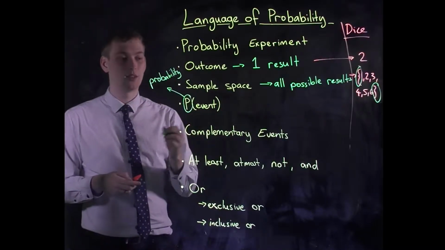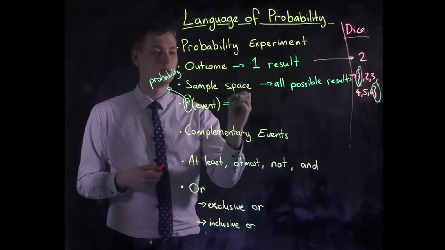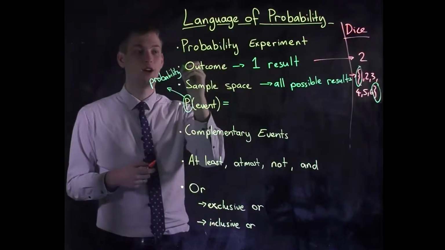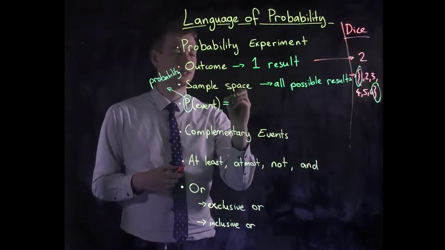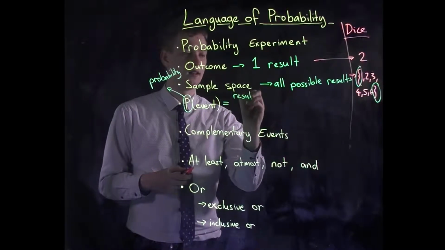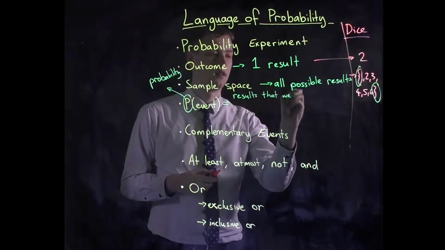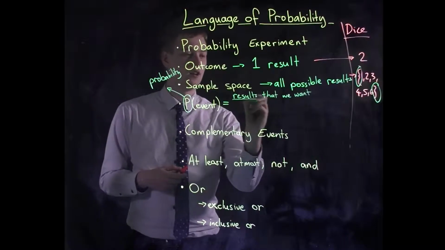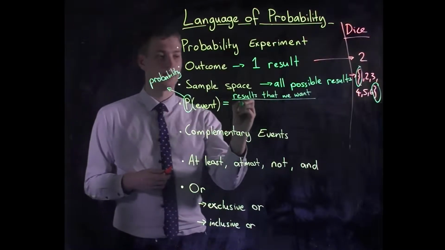The way that we find out what the probability is, and you would have done this last year, is to take the number of results that are within this event over the total results in the sample space.